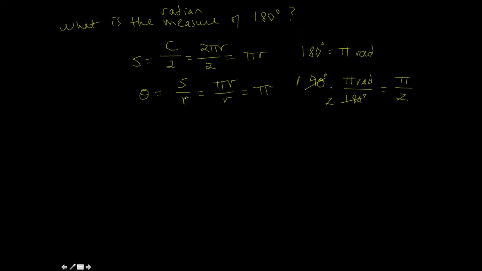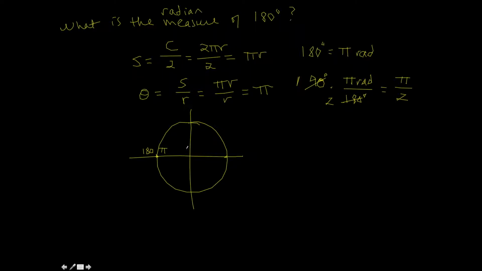Now we have a few special angles that we want to talk about. And coming up, we'll have something called the unit circle. And we'll describe that in depth a little later. But we like to say that 180 degrees, which is this distance here, we said was pi radians.